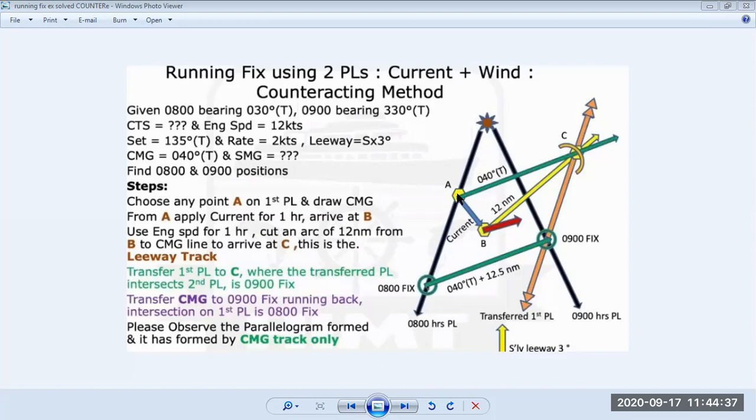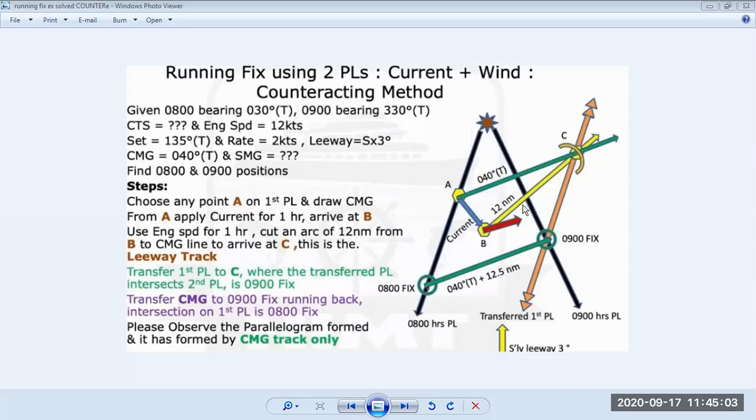Course to steer we don't know, so we draw the course made good 040, and we draw the current from the initial point, which is given as 135 at 2 knots, and we know that engine speed is 12 knots. So from here we cut an arc of 12 miles because the time difference is 1 hour, between 8 and 9. So we cut an arc of 12 miles and we get a point which is called C.